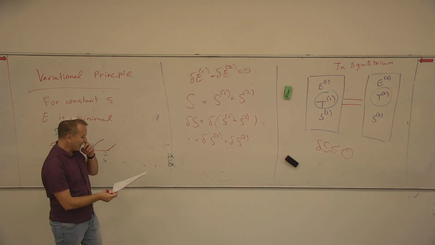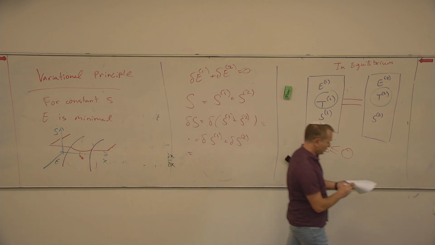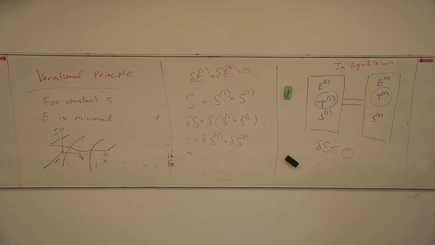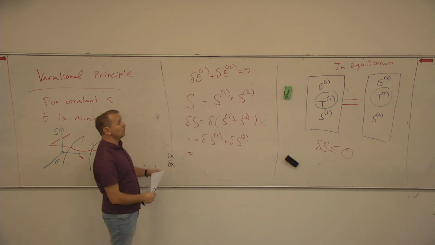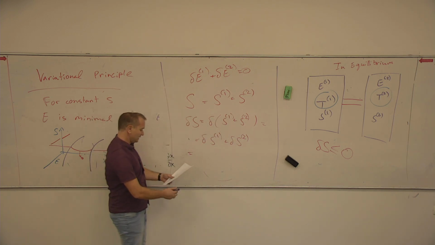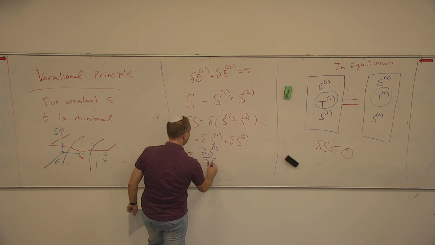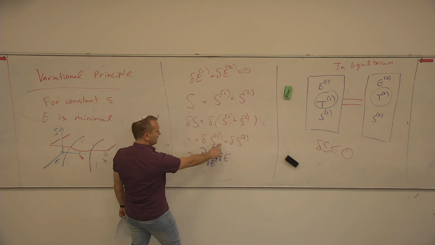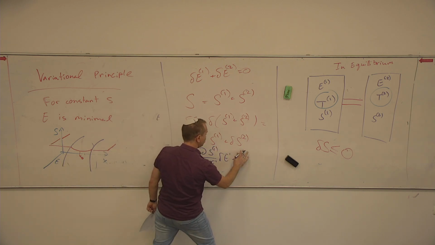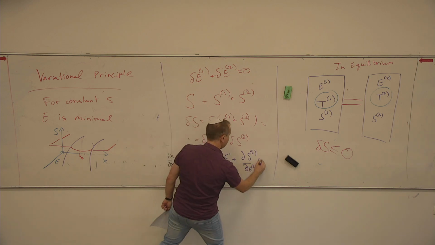What is the next step? What is delta S1? It's the modification of the entropy of this system with respect to the energy. You can say that this is dS1/dE1 delta E1, and this one is dS2/dE2 delta E2.